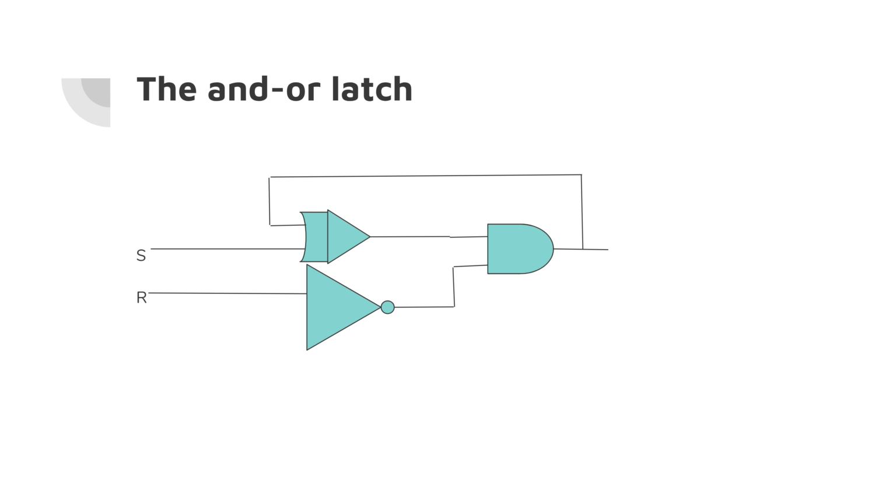The AND OR latch is a combination of those two latches, and so it uses a set and reset wire. So you OR set with current, and you invert the reset. So you AND it with the result of the OR gate, and that becomes the new current and output.